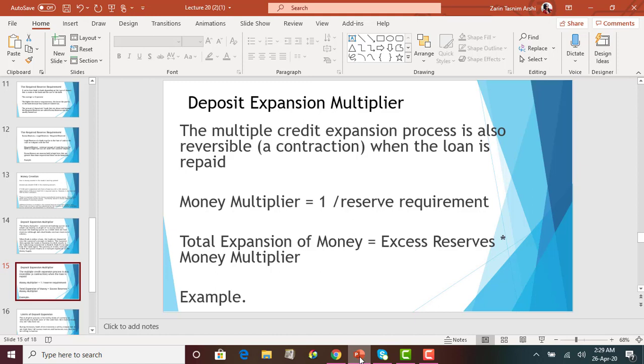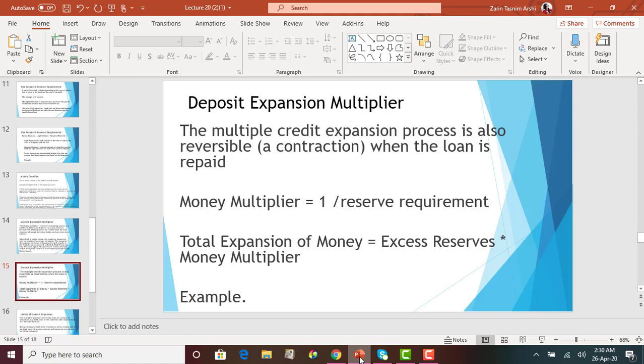Basically, when I am depositing $100, what's the maximum money supply increase that will take place in the economy because of that? So when I am depositing $100 in Bank of America, what is the total expansion of money in the economy because of that activity? So these are the formulas.